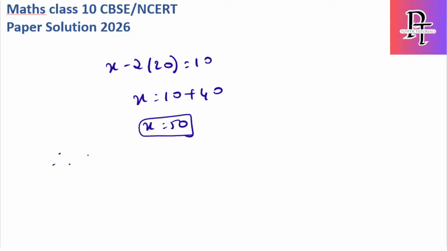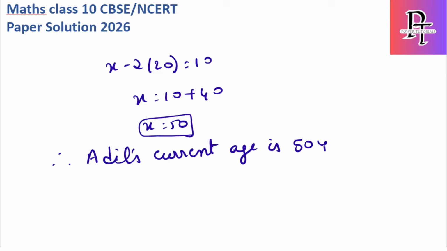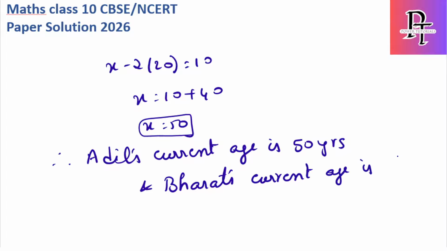Therefore Adil's current age is 50 years and Bharat's current age is 20 years.